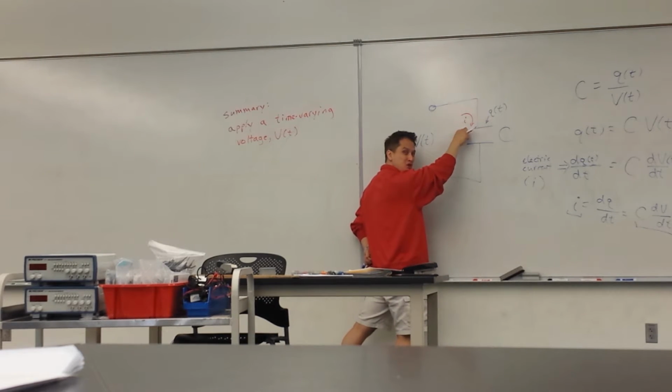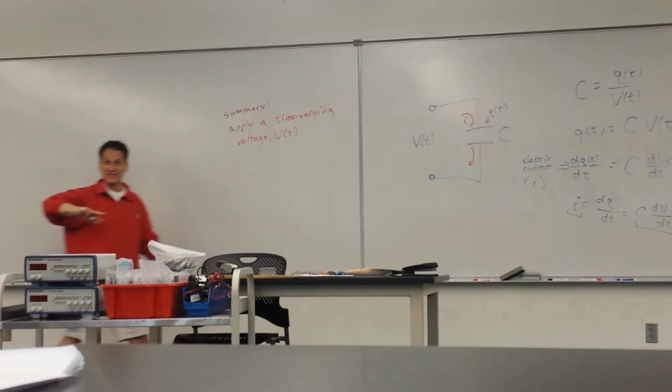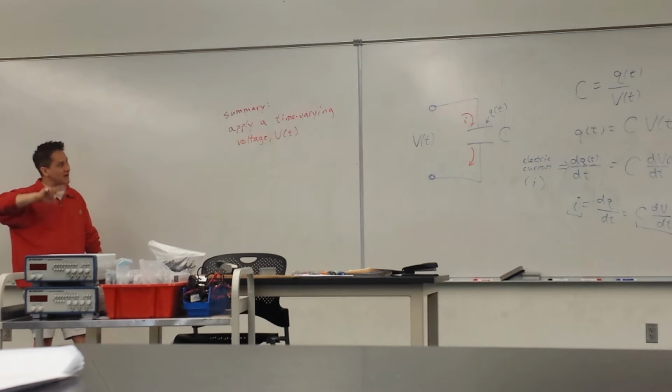So if you have positive charge on one side, you will have a corresponding negative charge on the other side, even though there's no direct current flowing, because of the induced charge relationship between the two conductors.